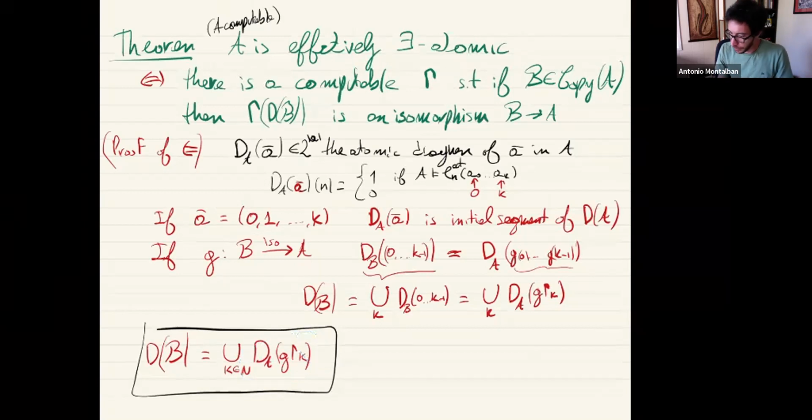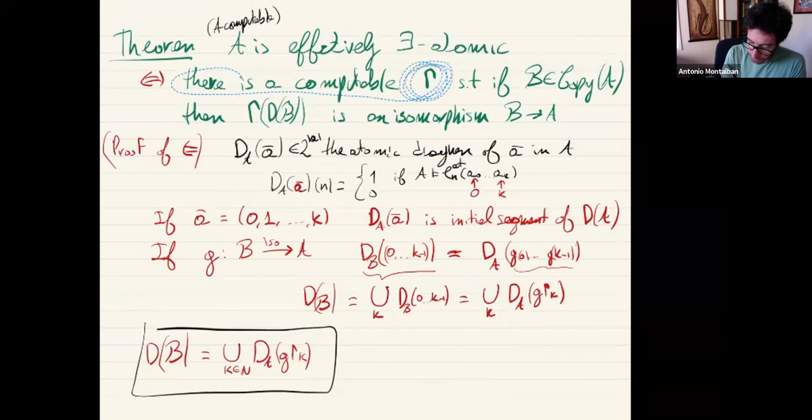Okay, so let's go into the proof now. So what do we have? We have a computable gamma that has the property that whenever you apply it to a copy of A, any copy of A, you're going to output an isomorphism from B to A. And if B is an isomorphic copy of A, given by an isomorphism from B to A, this diagram of B is a union of all these things.